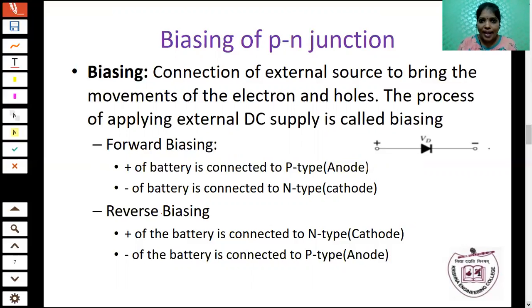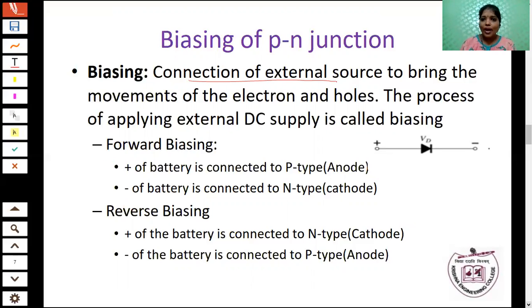What is the meaning of biasing? Biasing means we are going to apply some external source. For example, you can take any DC supply or some small battery. So biasing is the connection of an external source. We are going to give some external energy using a battery or a DC supply.